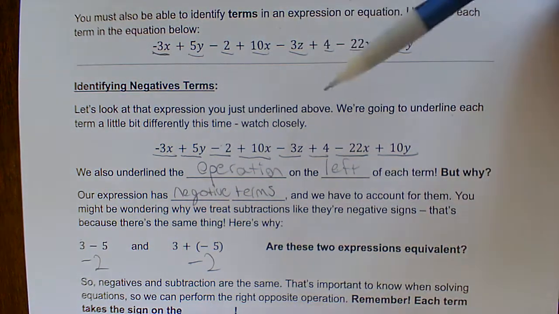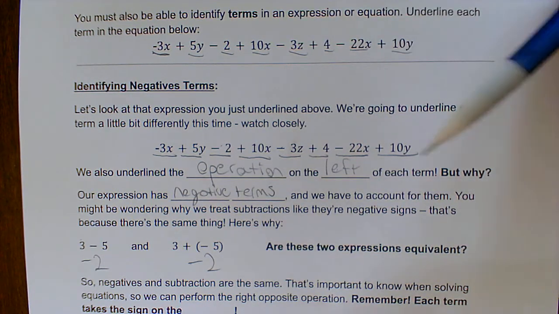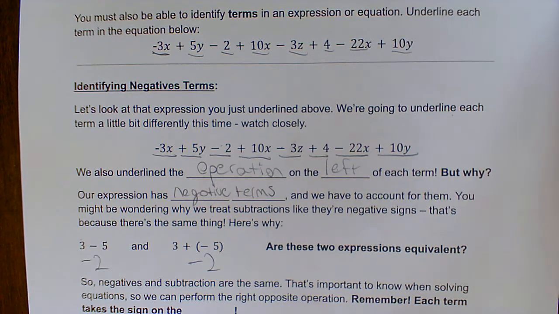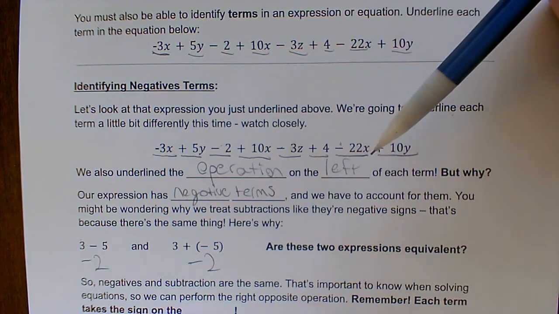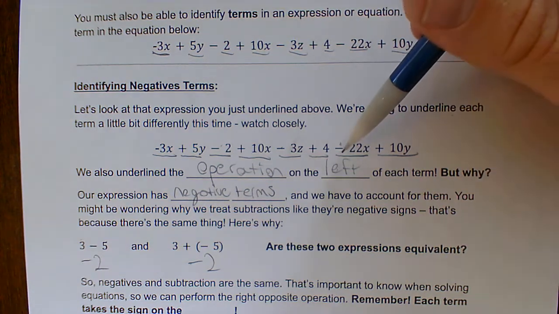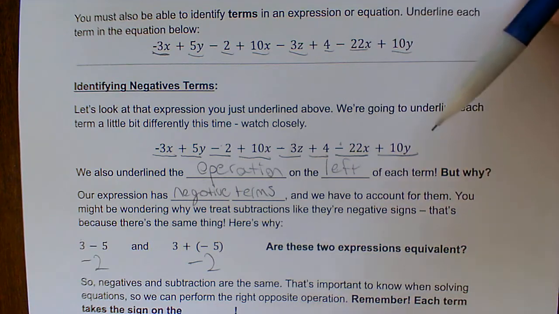I have a negative 2, a positive 10x, a negative 3z, a positive 4, a negative 22x, and a positive 10y. This subtraction here is the exact same thing as a negative sign. So when you're looking at an expression, looking at an equation, and you see a minus next to a term, you should think of that as a negative term.